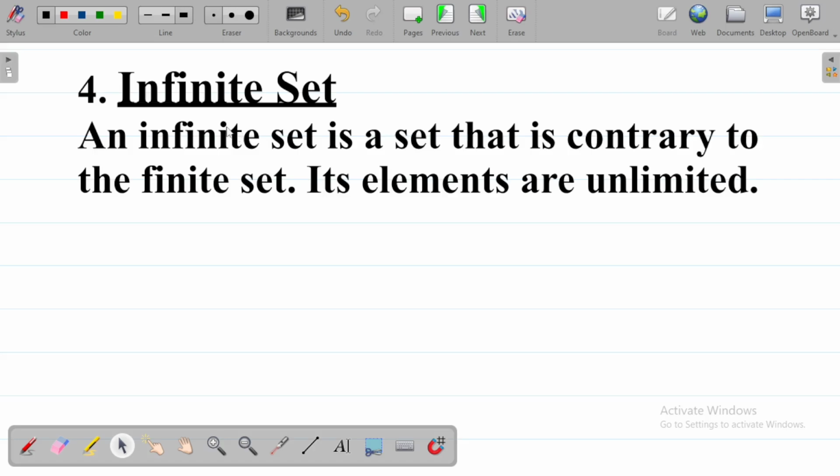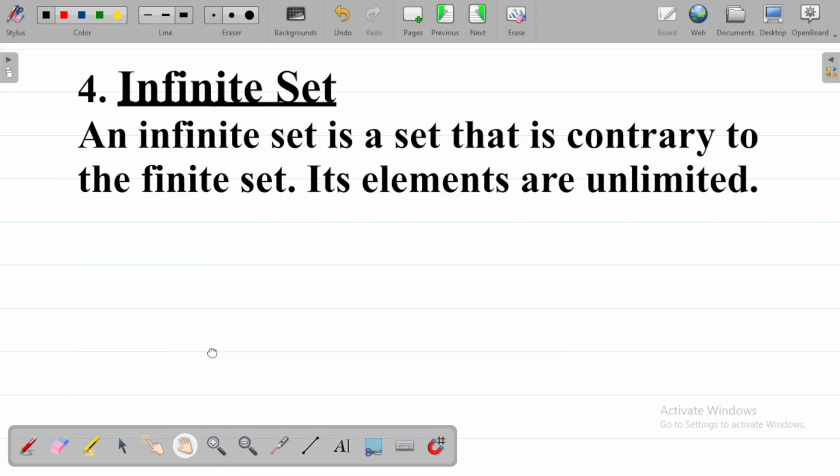All right, so the next type of set here is an infinite set. So what's an infinite set? An infinite set is a set that is contrary to the finite set. Its elements are unlimited. Remember, the elements of a finite set are limited, but the elements of an infinite set are not limited.